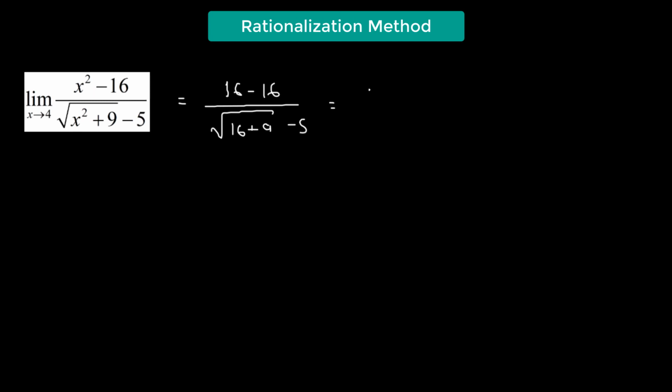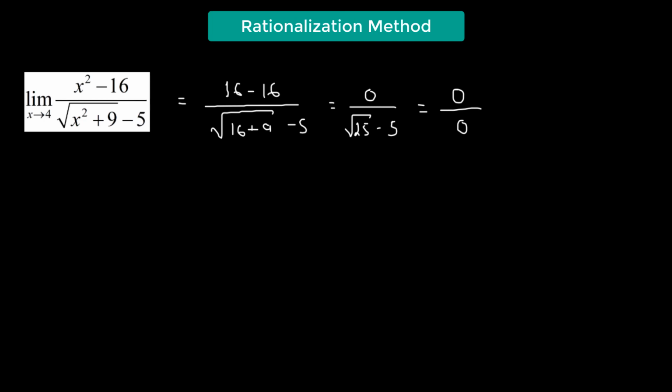So we have a 0 in the numerator, divided by, so 16 plus 9 is 25, so the square root of 25 will be 5, so 5 minus 5 gives us a 0 in the denominator as well.